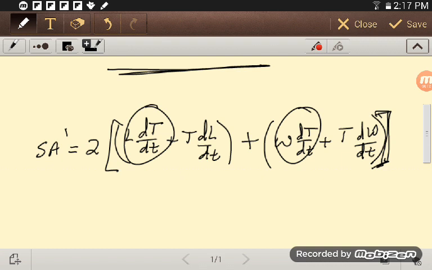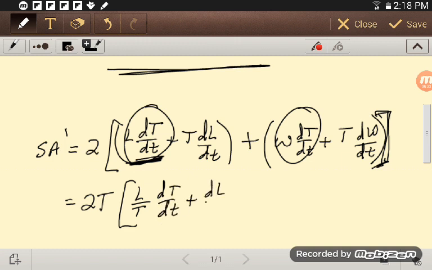Now you could, but what you would get is if I pull a t out of everything in here, I would get 2t. But now, how do I get that from multiplying uppercase T times something? Well, I would have to divide by it. So I would have that like this, and then dL dt.